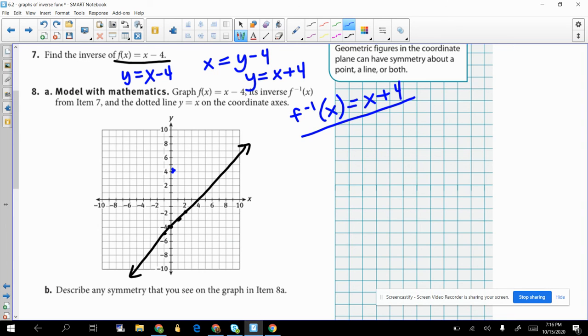So that would start at positive 4 and go up 1 over 1 as the slope of 1. And then again, it says to draw a dotted line for y equals x. So again, that's that perfect diagonal line. And what you should be noticing again is it's symmetrical.